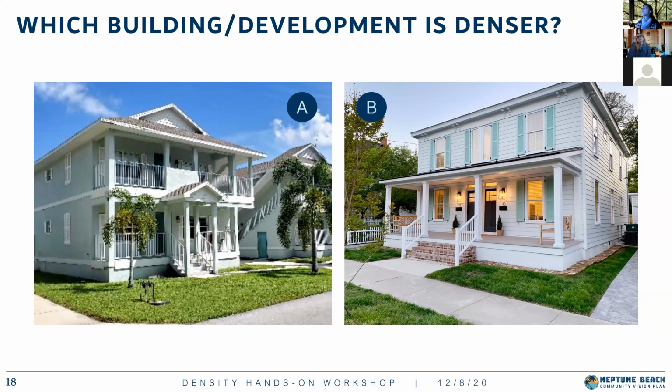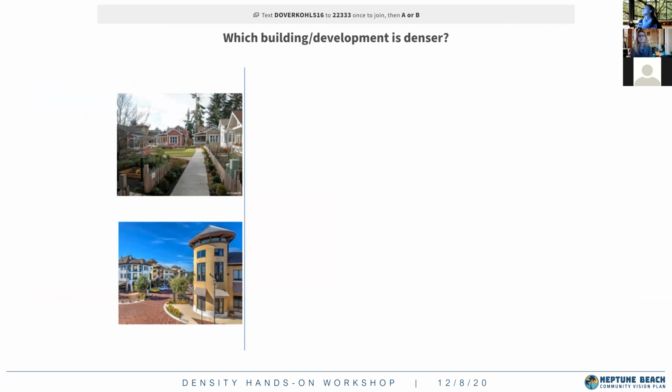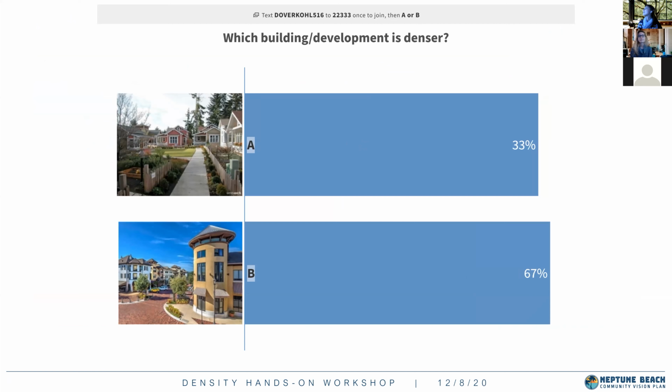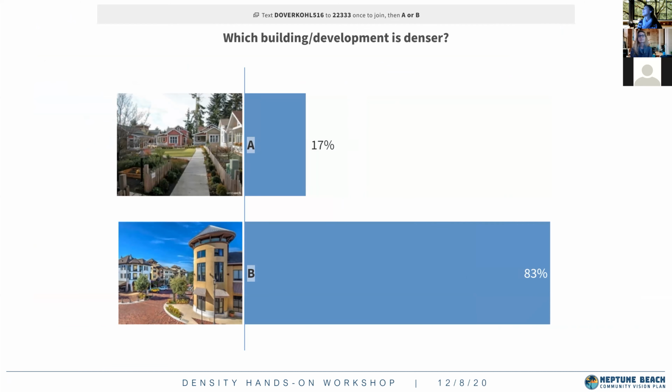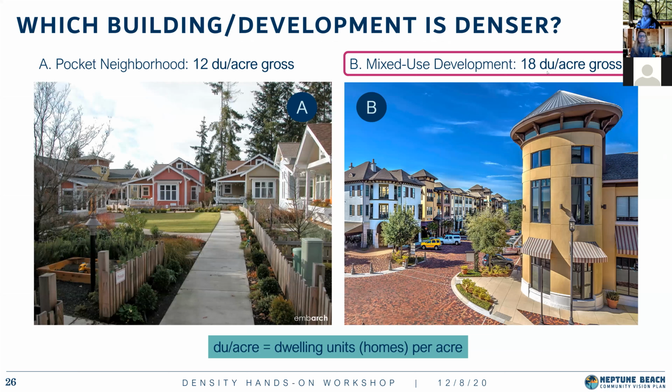And the last one is which building, again, development is more dense? These look very different. So A or B. Looks like a lot of people are saying B. Yeah, it's B. This is not a trick question.